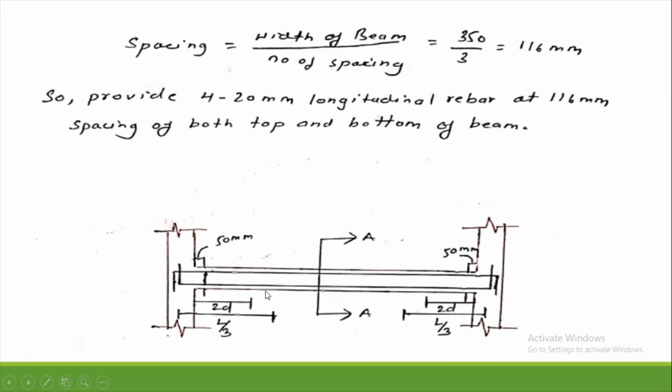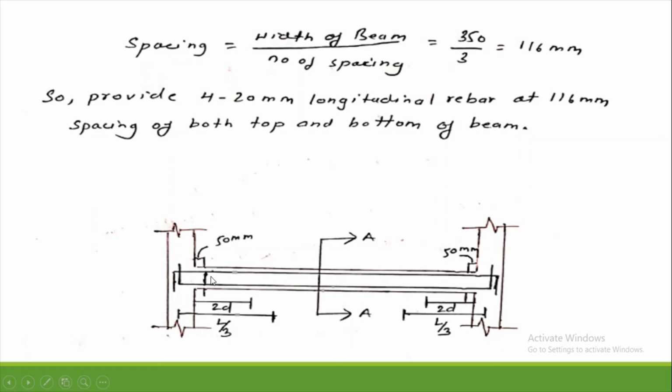Now here you can see the longitudinal section of the beam. Let me tell you what that 50 mm means. 50 mm means from the interior face of the column we start placing the stirrups. And let me tell you about 2d. What does 2d mean? Up to that 2d we're going to place the stirrups with minimum spacing, right?